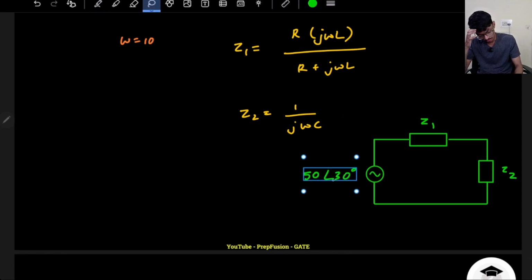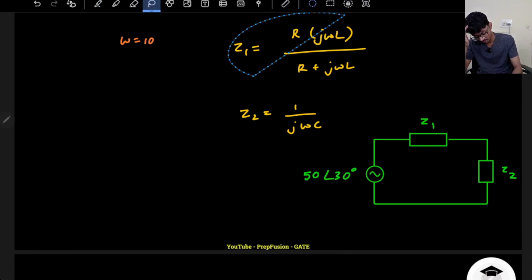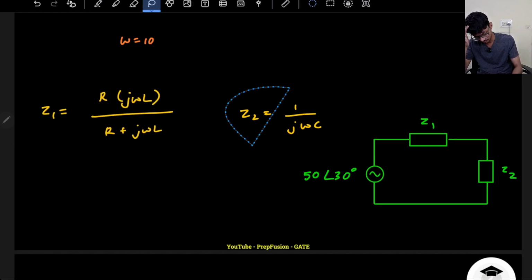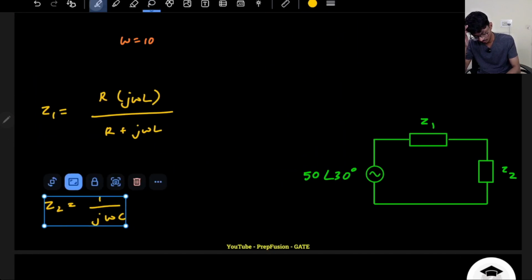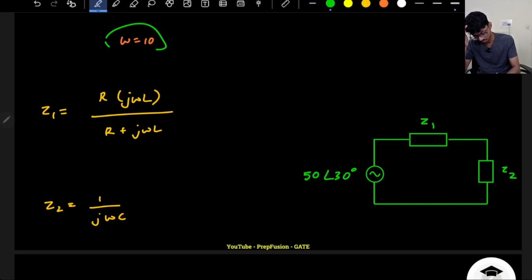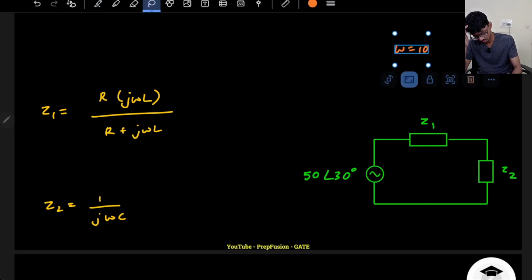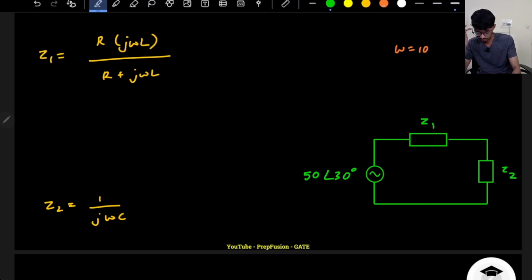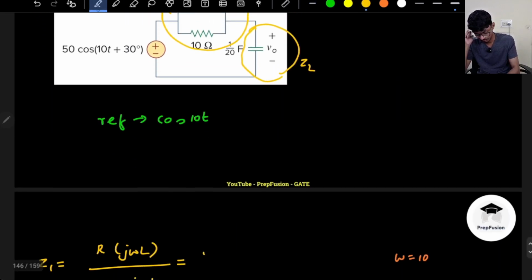Okay. So what is my Z1 in phasor? Z1 in phasor will be R. What is the R value?